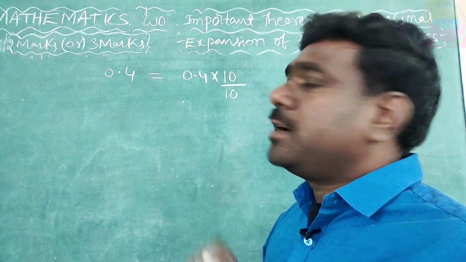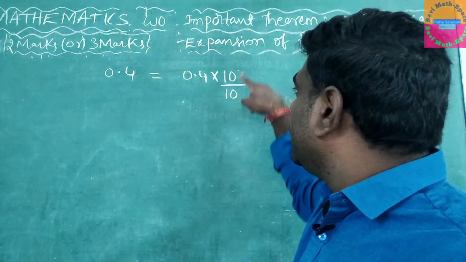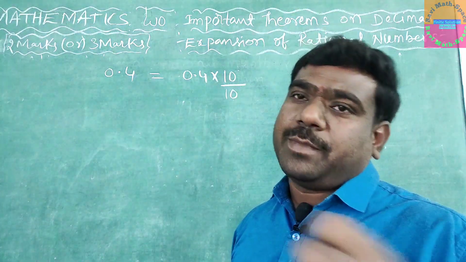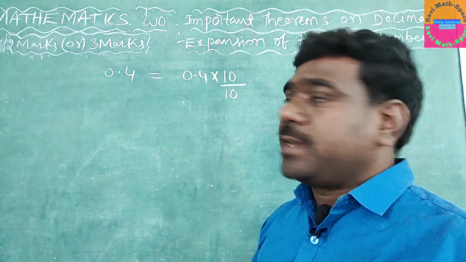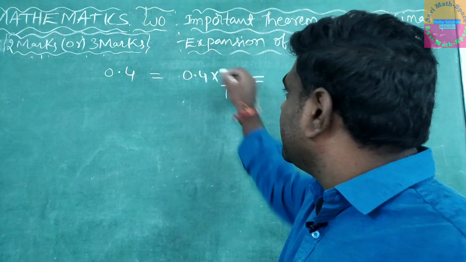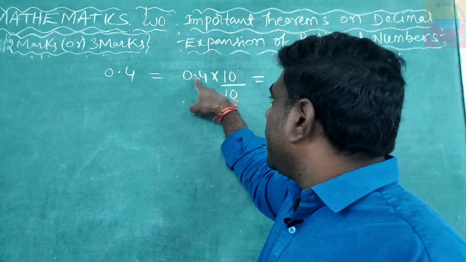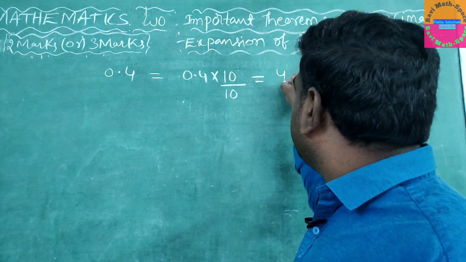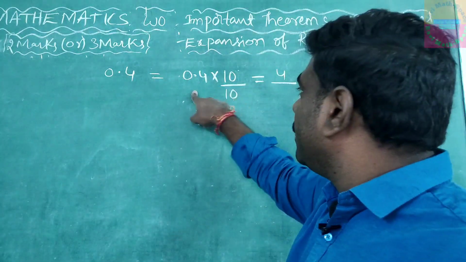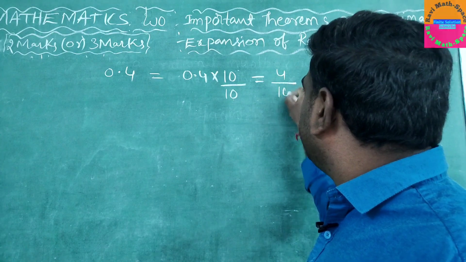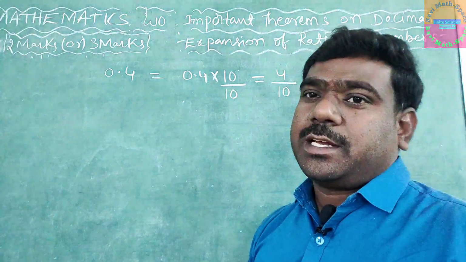Numerator and denominator, you should take the same number only, then the equivalent condition is satisfied. Now 0.4 into 10 is 4, and the denominator is 1 into 10, so we get 10. Now 4 by 10.